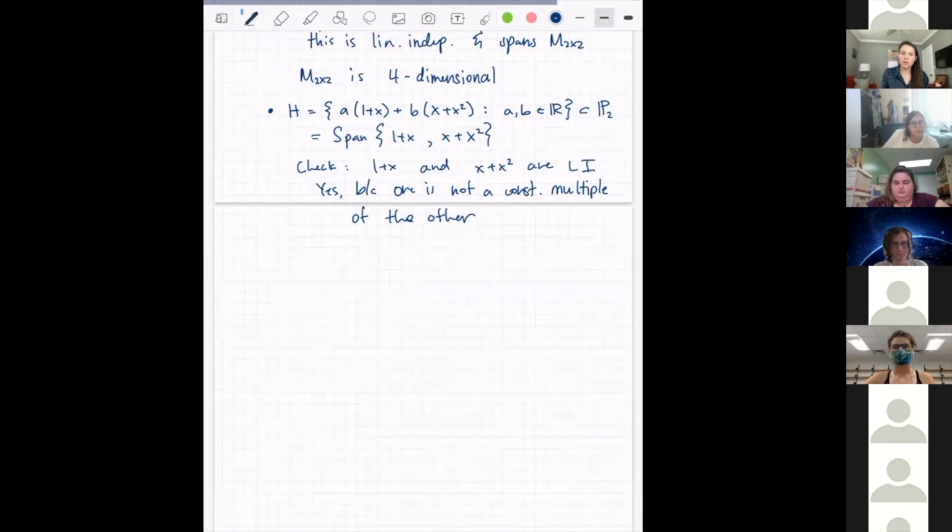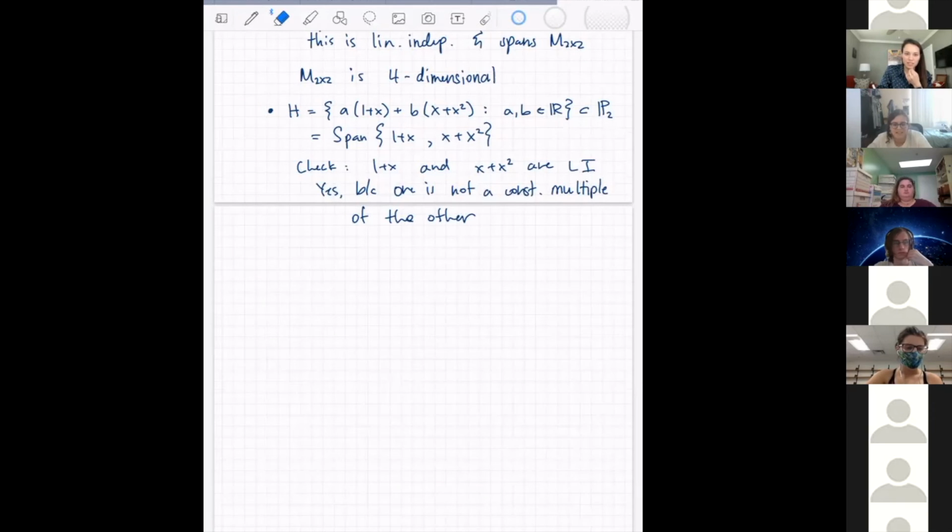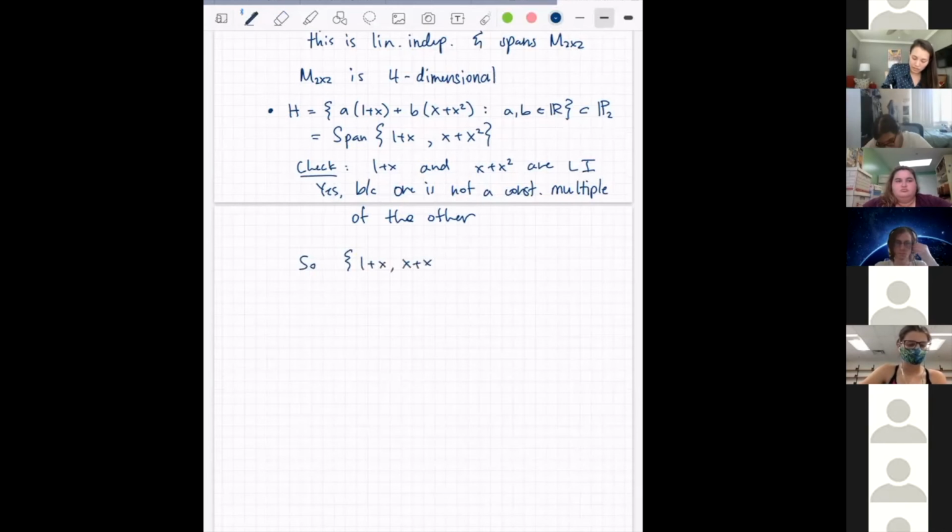Okay. Pardon me. Yeah, go ahead. What do you mean by saying that it's true? We were checking that these are linearly independent. Oh, okay. Sorry. So yes, they are linearly independent. So this set 1 plus x and x plus x squared is a basis.